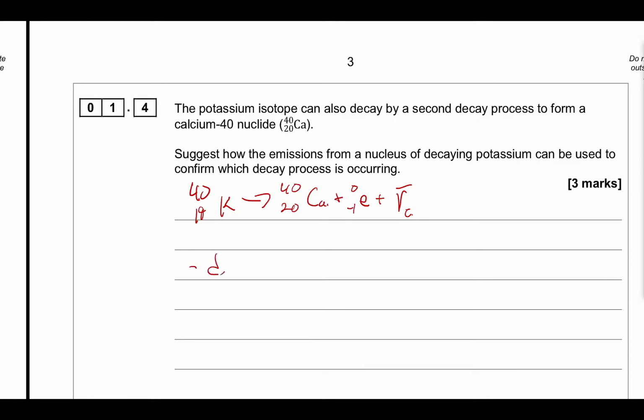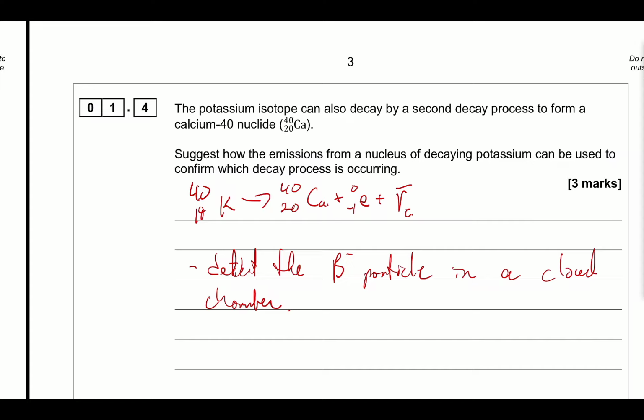So if you were to put this in a cloud chamber, if you had the first decay, which was electron capture, you would see nothing.